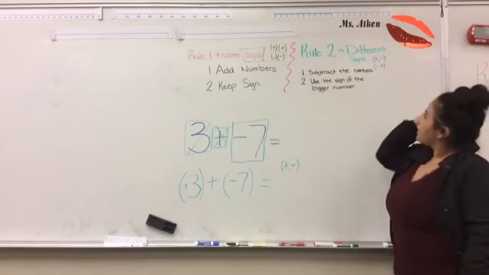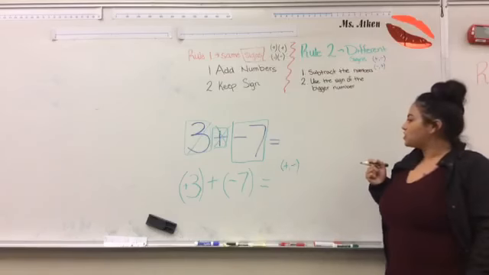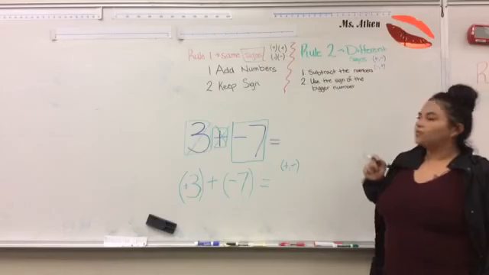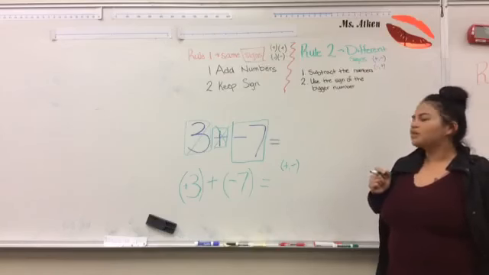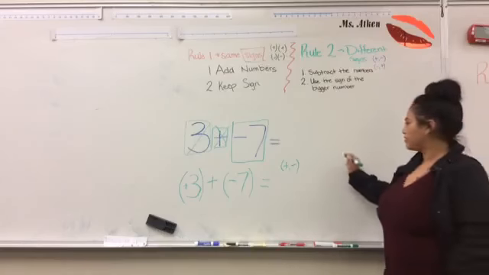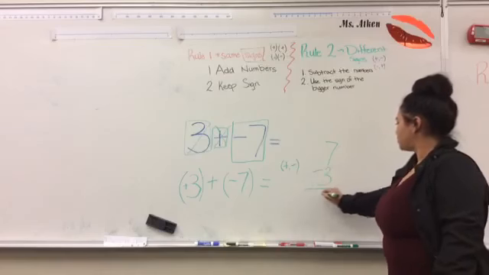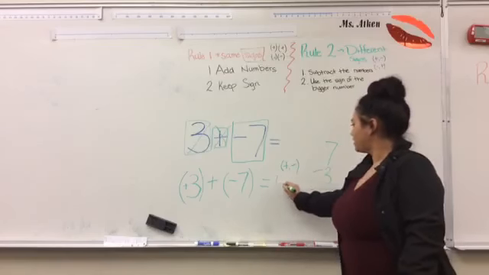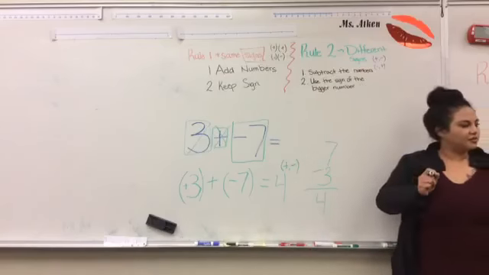Okay? Now, we know that we're using rule number 2, Anthony. So if we're using rule number 2, what is the first step in rule number 2? Subtract the numbers. So what am I going to subtract, Anthony? 7 minus 3. That'd be 4. Good. Ashley, what is step number 2?